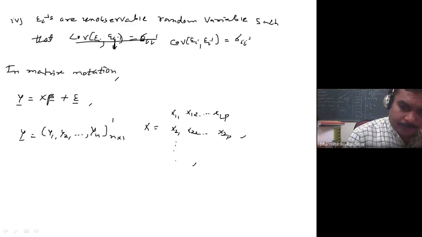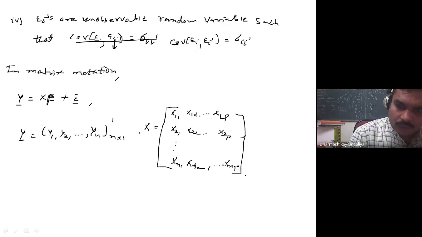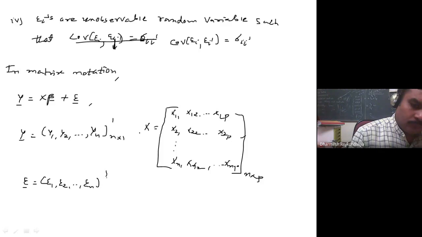So it is xn1, xn2, xnp, and of course it is of order n cross p. Epsilon has n elements, it is also n cross 1, and beta has p elements, beta 1, beta 2, up to beta p, because there are p parameters.